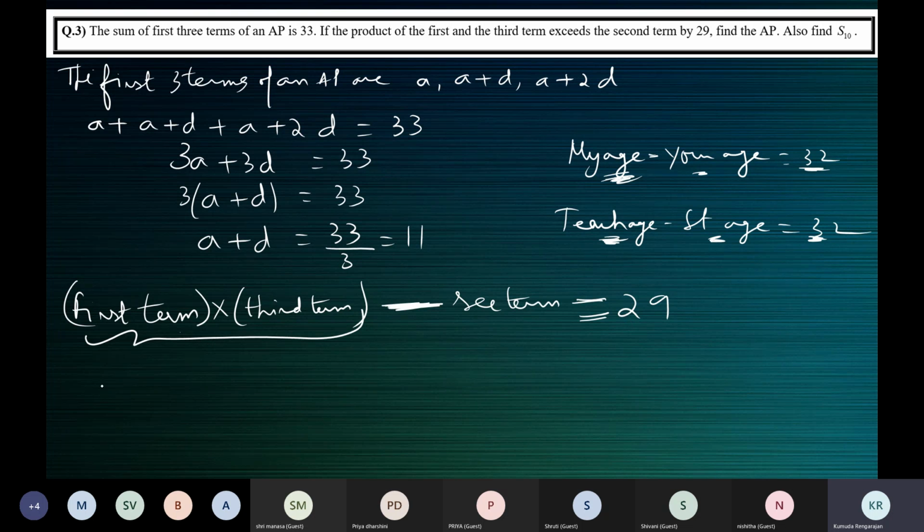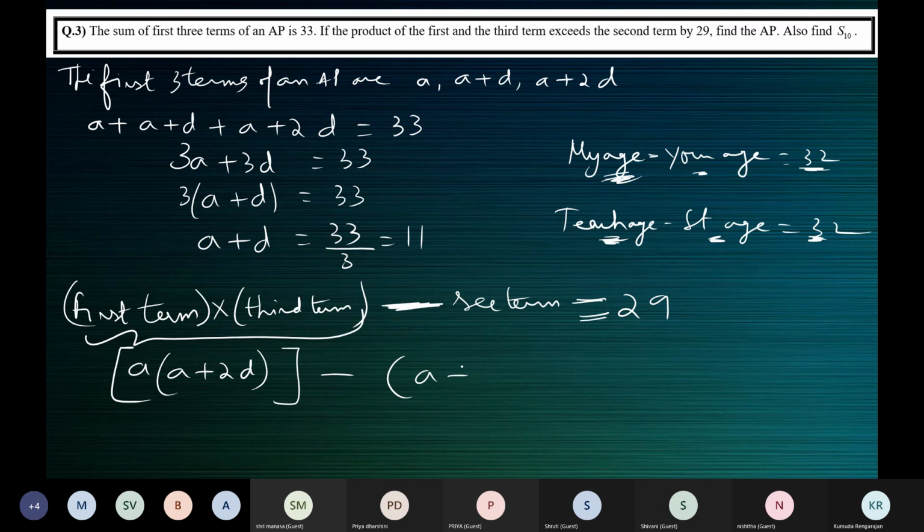So what's the first term? A. The third term, A plus 2D. I'll write it up. So it's first term into the third term, minus the second term. See, brackets are very important.